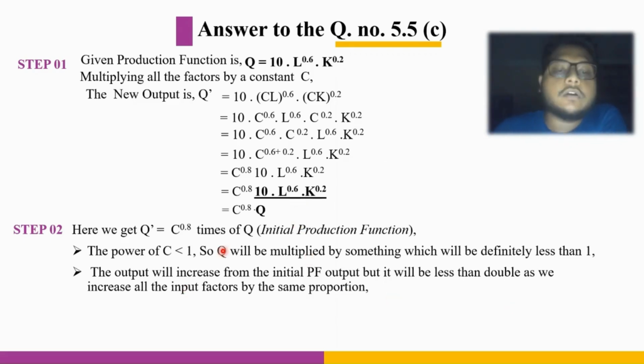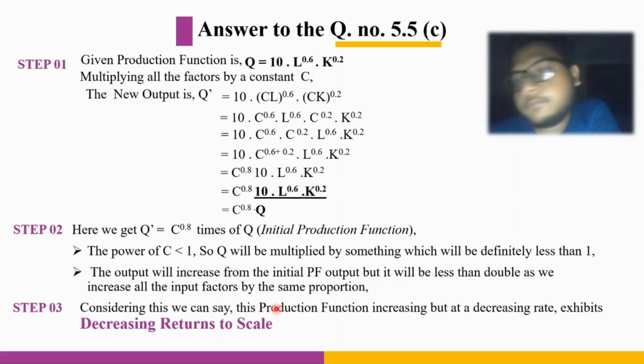That means the increase will be less than the proportionate increment. So the output will increase from the initial production function, but it will be less than double as we increase all the input factors by the same proportion. So the bottom line is this production function is exhibiting decreasing return to scale.